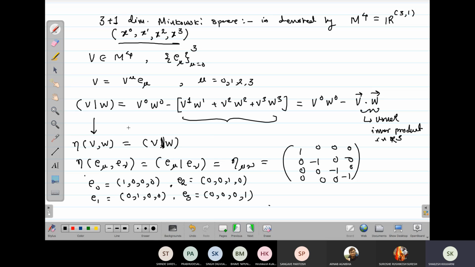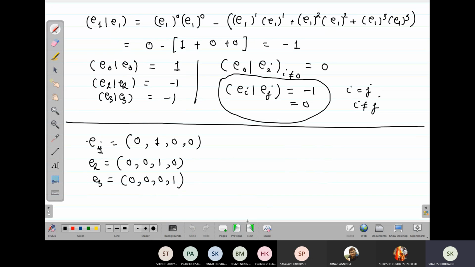Fine. So this is the metric on your Minkowski space. Once you have the metric, we can think now of raising and lowering these indices. For any given vector v mu, I can talk about the component of the corresponding dual vector v_mu.